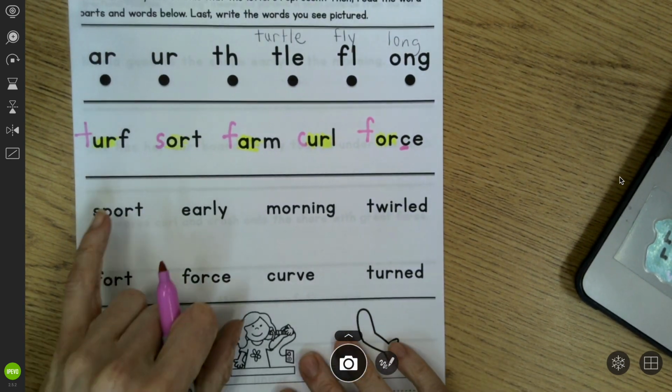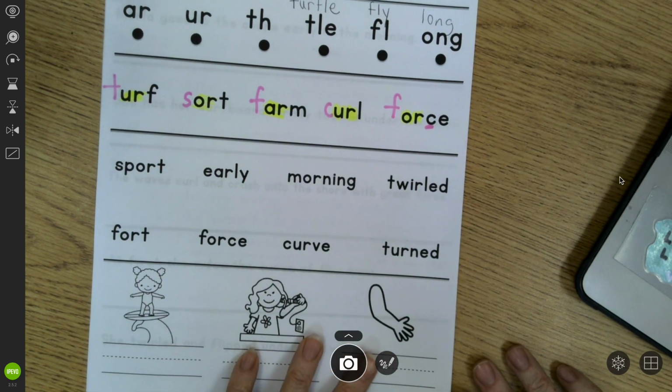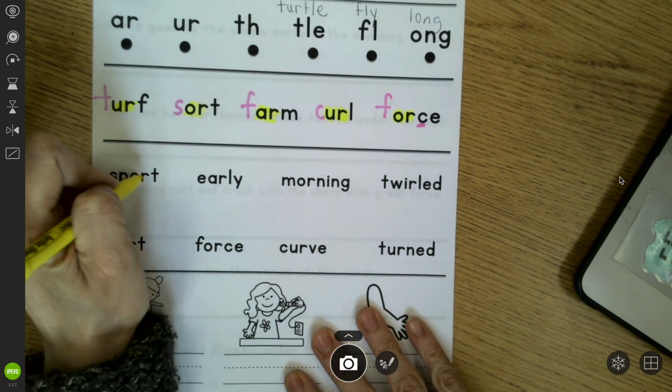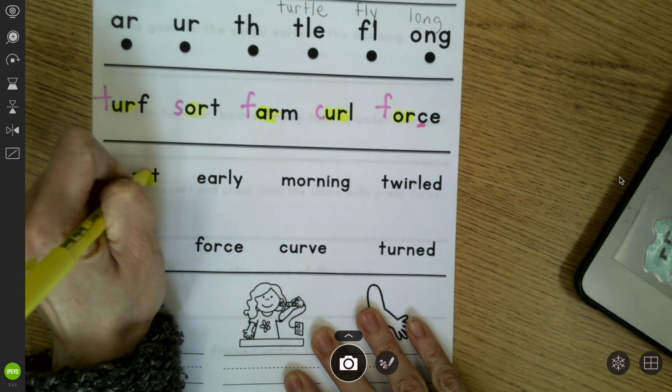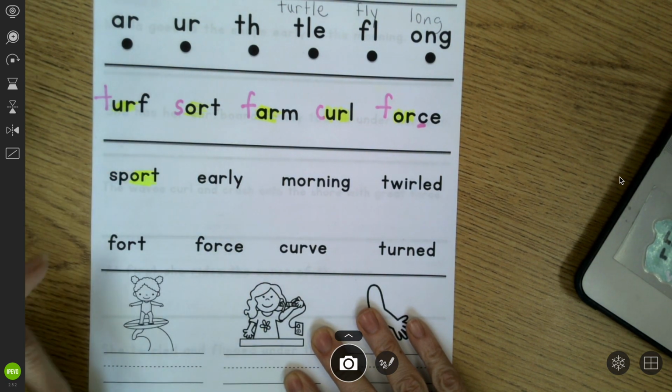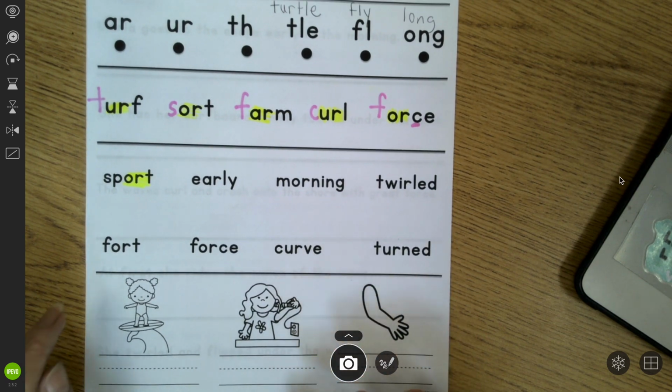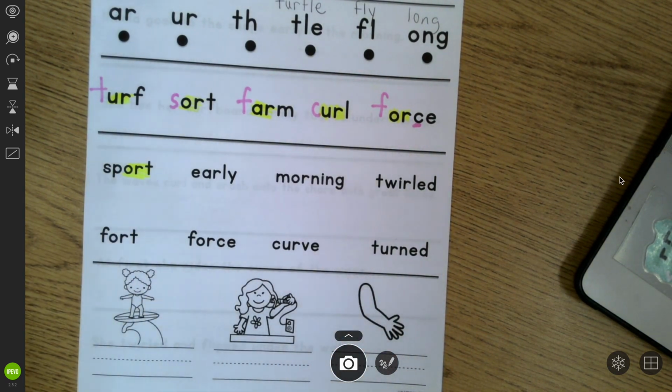Okay, now let's read these words. These are all actual words. We have some words with more than one syllable. That's exciting. Here we go. Ooh, this has the same ending as sort, but now we have sp. What does that say? Sport.